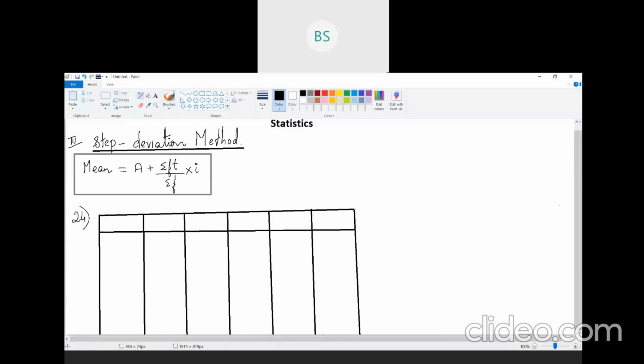Okay. So here they have given us class intervals which are not continuous, right? That is 75 to 79, then 80 to 84, 85 to 89, and so on.